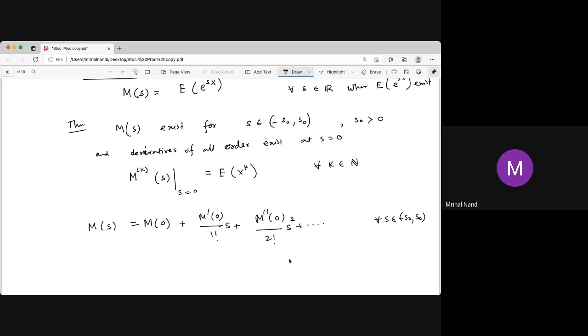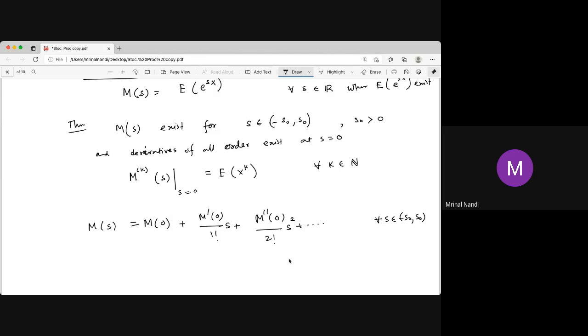In the next lecture we will discuss other generating functions also: the characteristic function, which is an important generating function, and the cumulant generating function, which is not so important. The characteristic function is important because the moment generating function may not exist for all s, but the characteristic function always exists for all s. But the problem is that for the characteristic function, you need complex analysis.